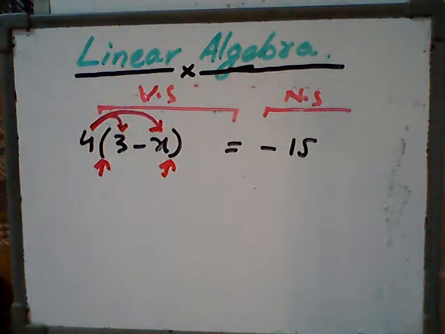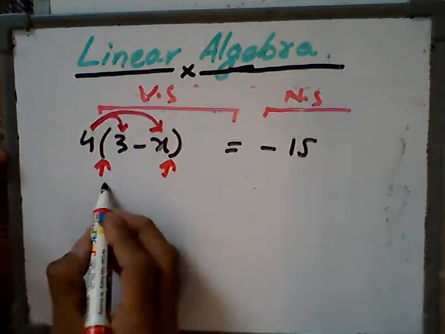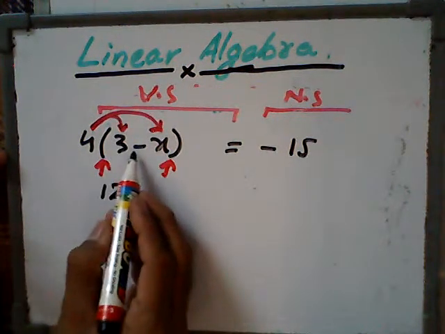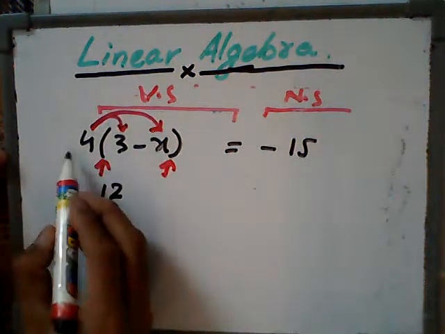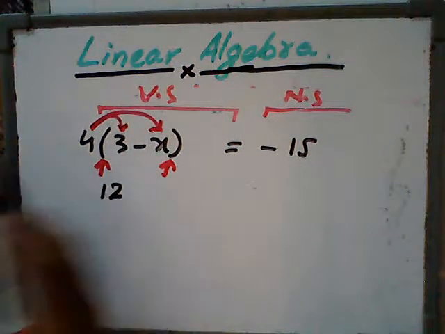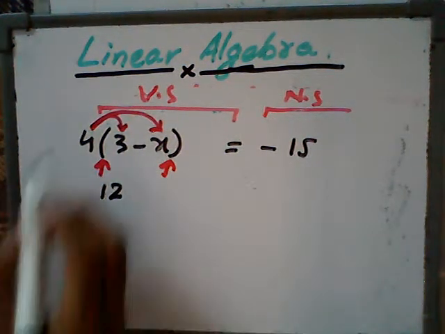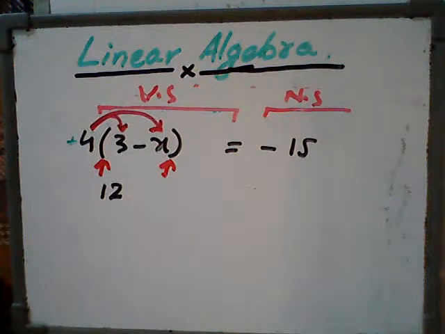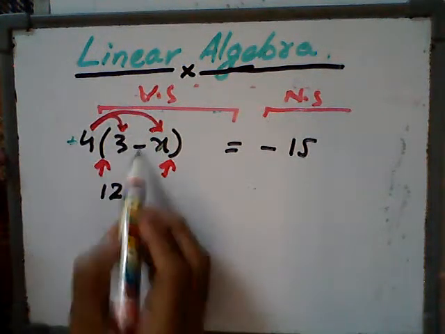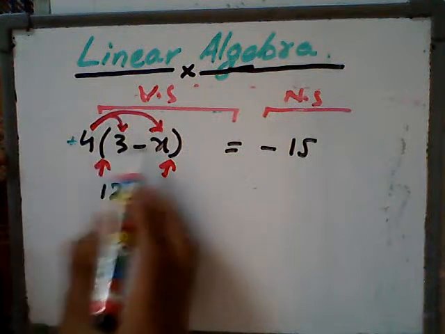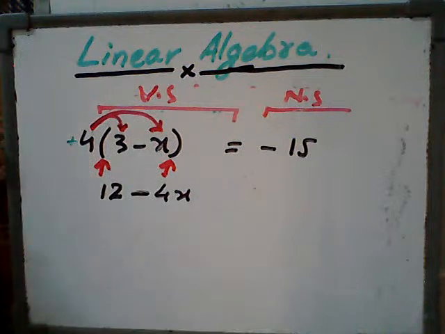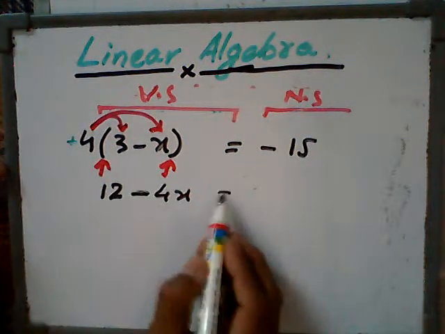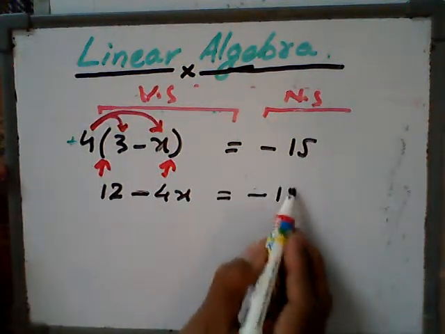So 4 threes are 12, and then it will be multiplying with this one. But here there's a minus sign, and if there is no sign, it means it has a plus sign. So we'll also multiply the sign. So plus times minus is minus, and 4 times x is 4x, and it is equal to minus 15.